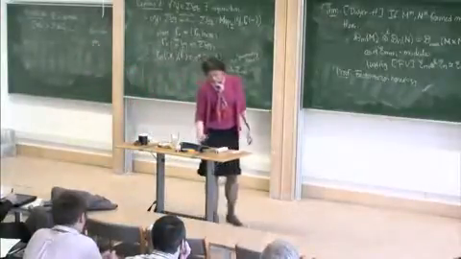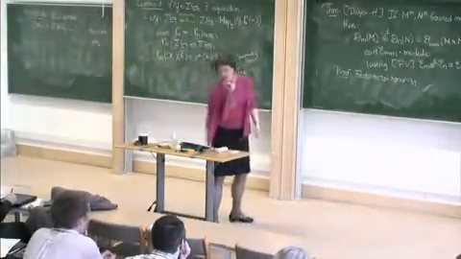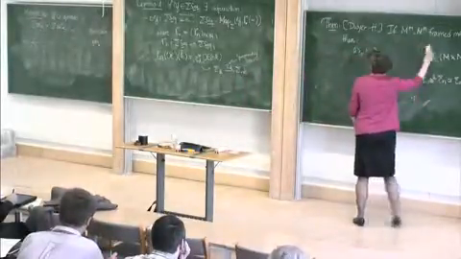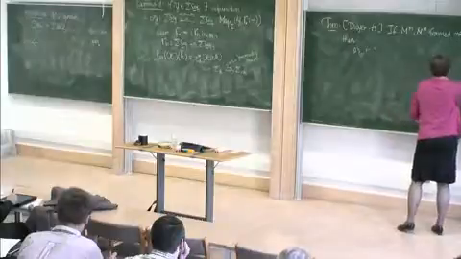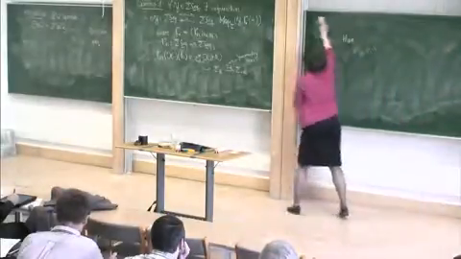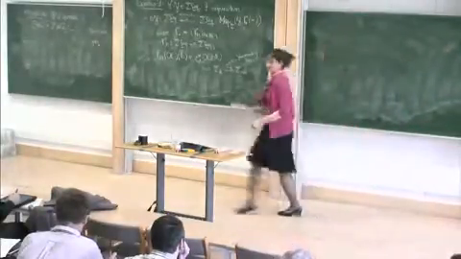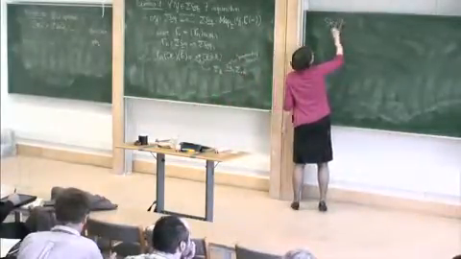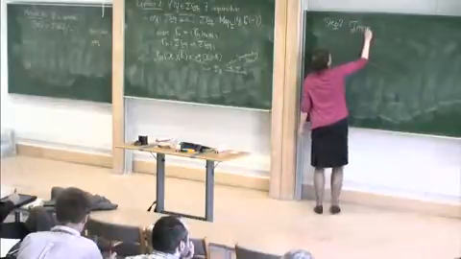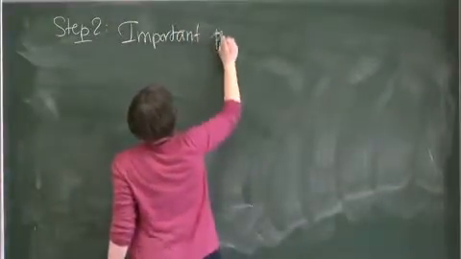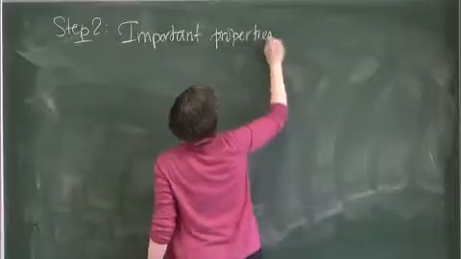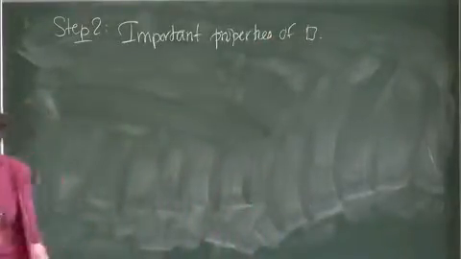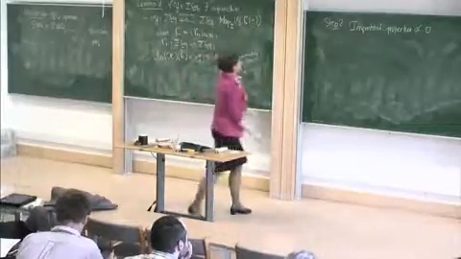Okay. So now I want to say something about certain important properties of this box product, that we'll then use in order to define the structure that we need.